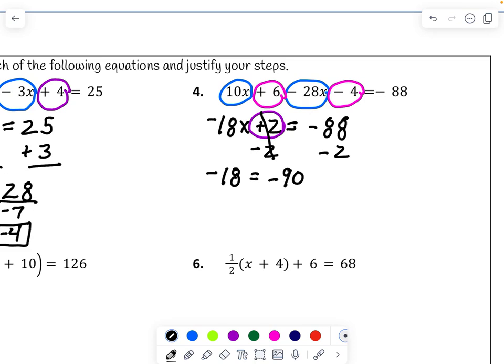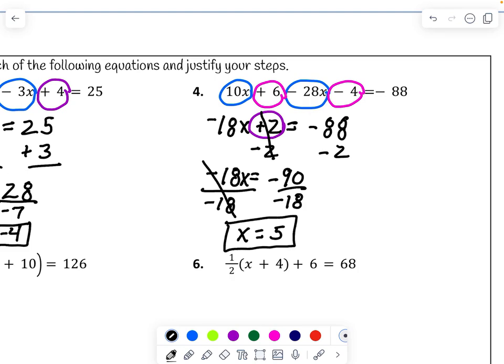All right, great. Whoops, I forgot my x. Thank you. And then I'm going to divide by negative 18, negative 18. Okay. X equals 5. Wonderful. Remember, a negative divided by a negative turns into a positive.